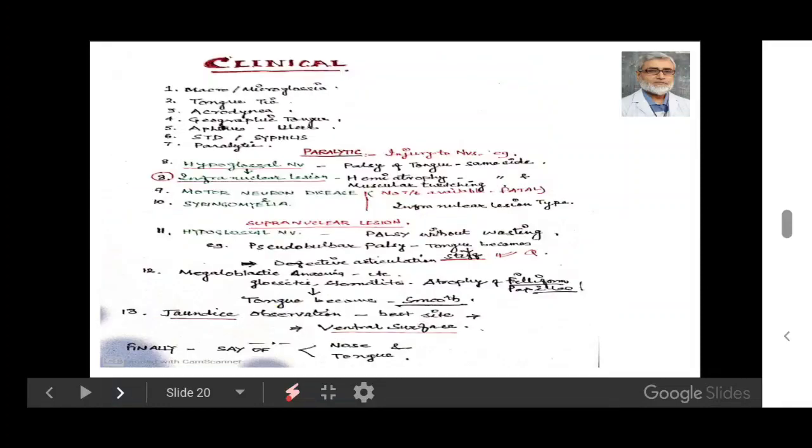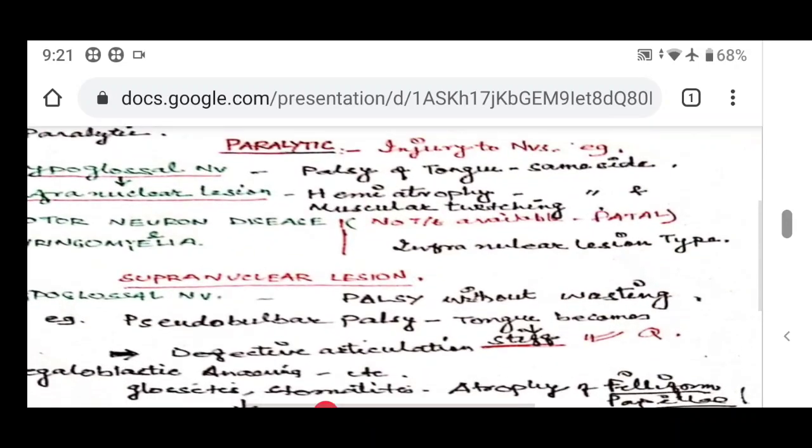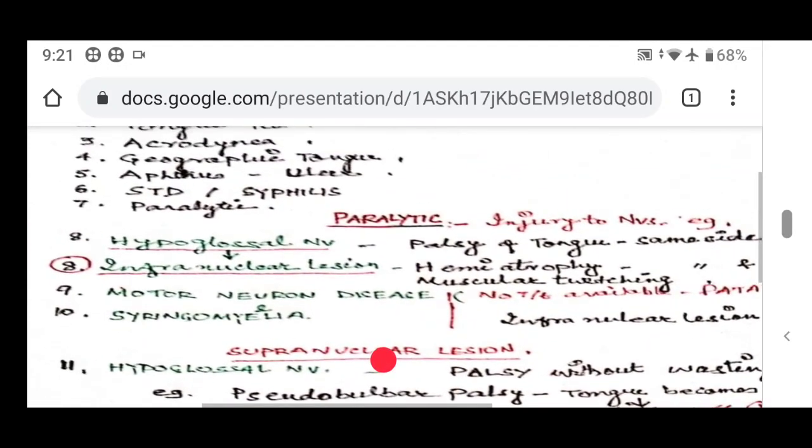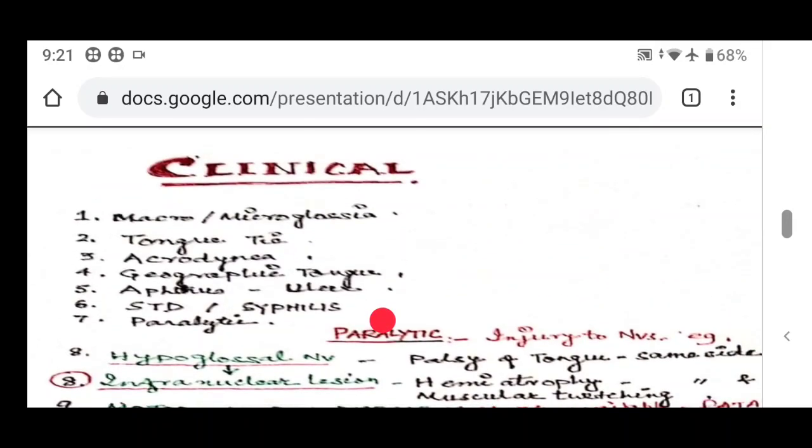Regarding the clinical aspect of the tongue, it is more important. I can zoom. You can see here. The size of the tongue may be different. The tongue may be shorter than normal, or thicker and larger than normal.